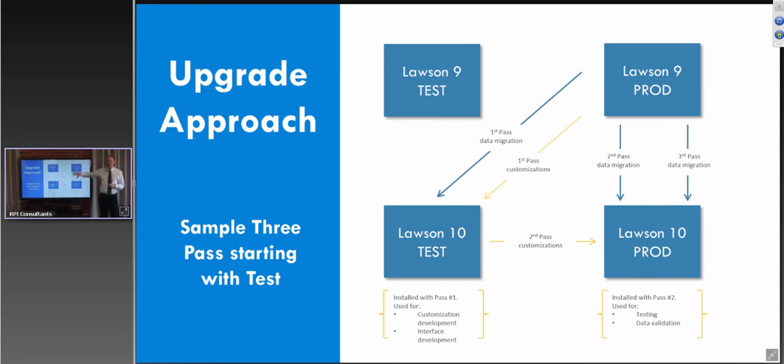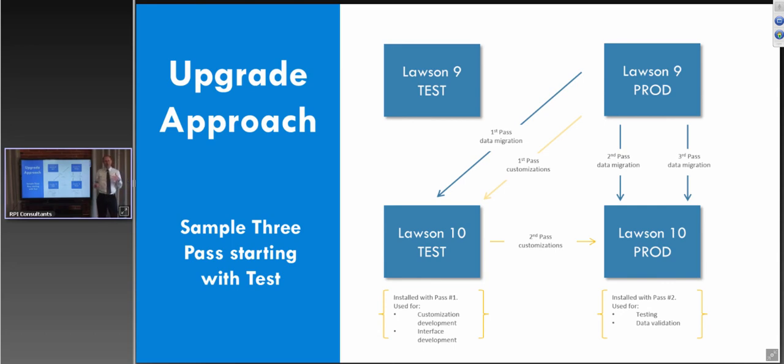Once our test environment is up and running and solid, that's where we look at adding our second environment. We take the lessons we learned with 10 test and use that to build a clean and solid Lawson 10 production environment. We also do another data migration, again, generally sourcing from production or a recent copy of production. This is what we call the second pass, and now we start to focus more on timing and a trial run for go live.